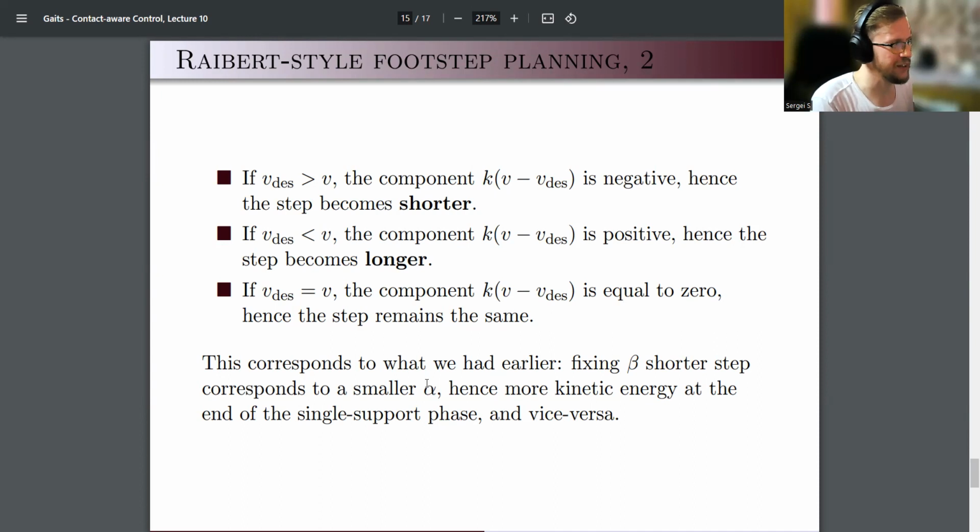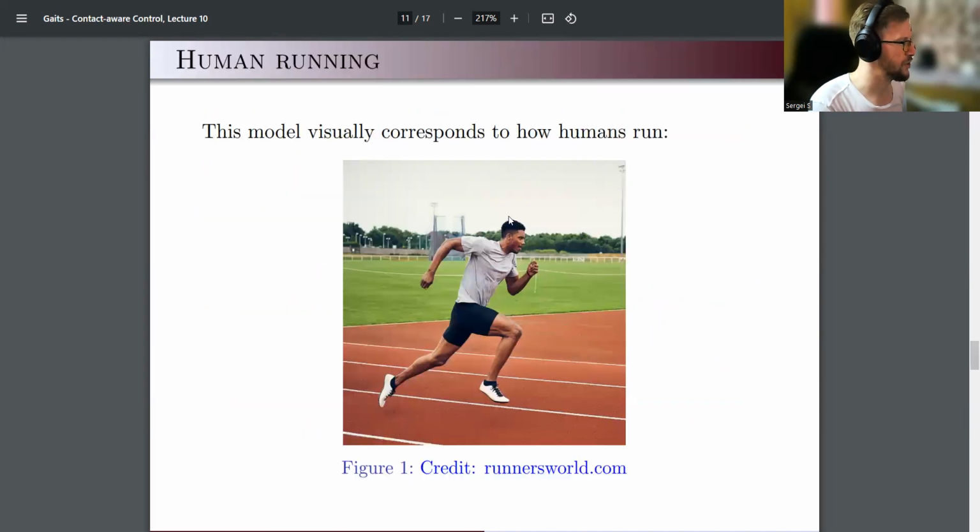So you stop running like the guy in the picture. Okay, this is what you do to increase your velocity, to increase your kinetic energy. And of course, you can also argue that since you have some friction that drains your energy, you constantly need to replenish it. So this is not only for acceleration, maybe in a sense, this is also for maintaining your velocity.